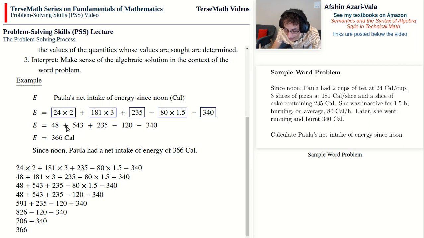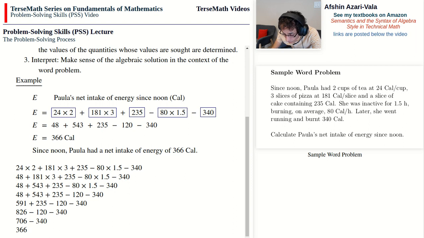Now what you're going to add it to is a good question, but for now please keep in mind you're just adding 543. And this addition says that at some point you're going to add 235, and this one says at some point you're going to subtract 120, and so on, and this one says you're going to subtract 340. So every addition and every subtraction applies to the term that follows it. This is good to know.